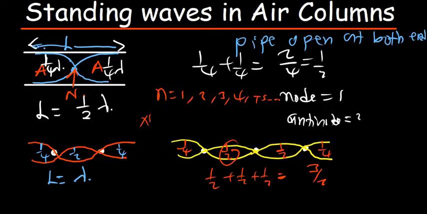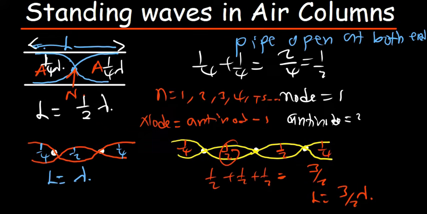Node is going to be equal to the antinode minus 1. Then the antinode is going to be the node plus 1. But when we're doing the normal case, if the pipe is closed at both ends, it is the opposite. Node is equal to antinode plus 1. Okay? So in this case, this one is going to be lambda equal to 3 over 2, or L is equal to 3 over 2 lambda.